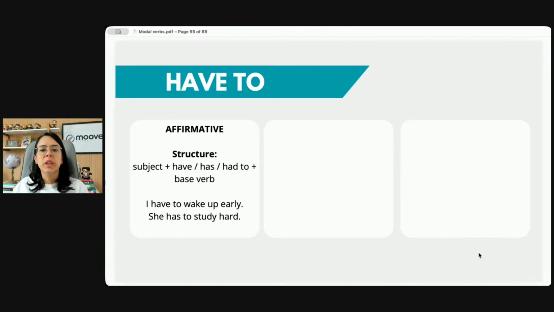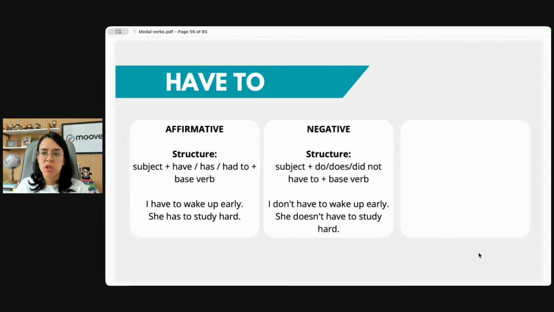Okay, so in the affirmative, if you're using the present, you need to remember to use the third person singular, if you're using he, she, it, like she has to study hard, he has to work until late. So pay attention to that.